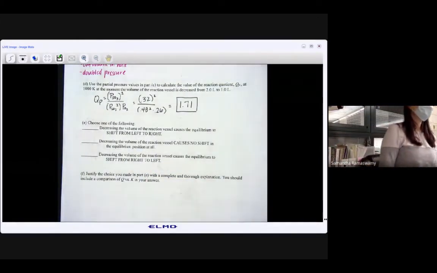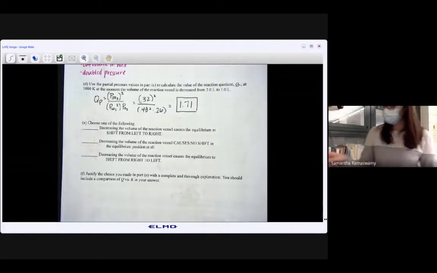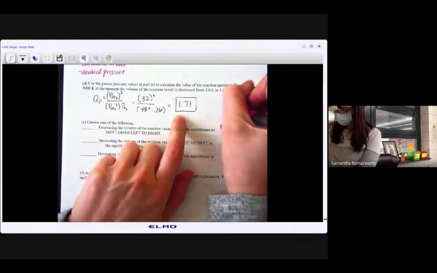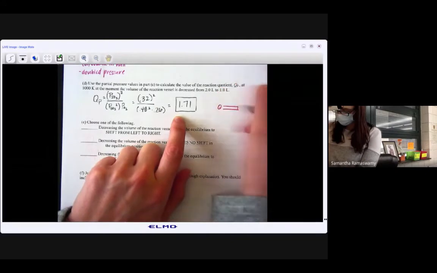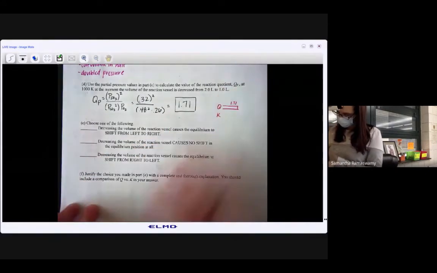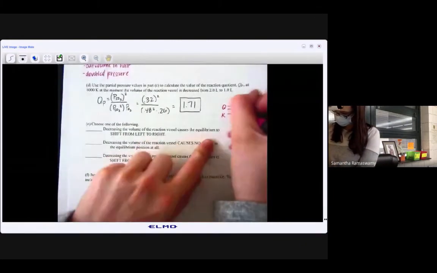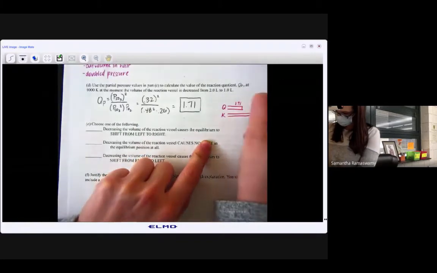Now again, look at Q versus K. So what I'm going to do over here to the side is I'm going to look at Q versus K. Q is 1.71. Right, 1.71. K was 3.42. We calculated K in part B.